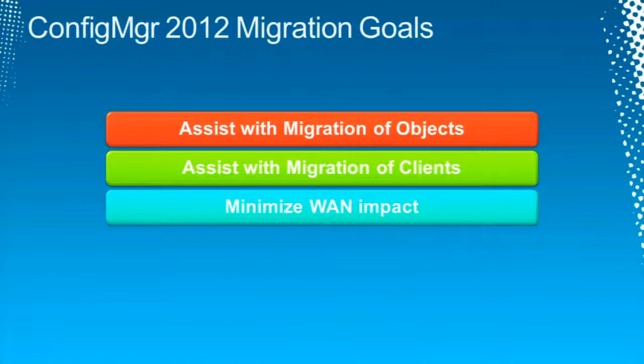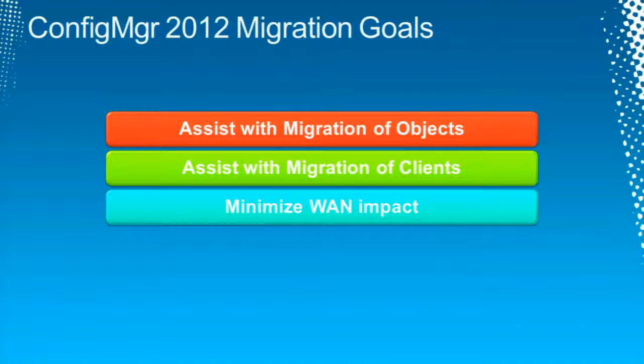As you're migrating over your packages from 2007 to 2012, there's going to be a period of time where those packages, that source content, is not going to be residing on 2012 distribution points. So what we're going to allow you to do is to have your 2012 clients that receive a deployment for a package that has content on a 2007 DP to use that 2007 DP for that content.